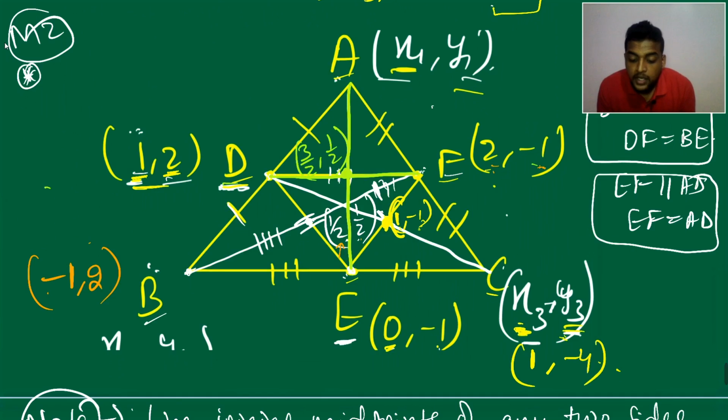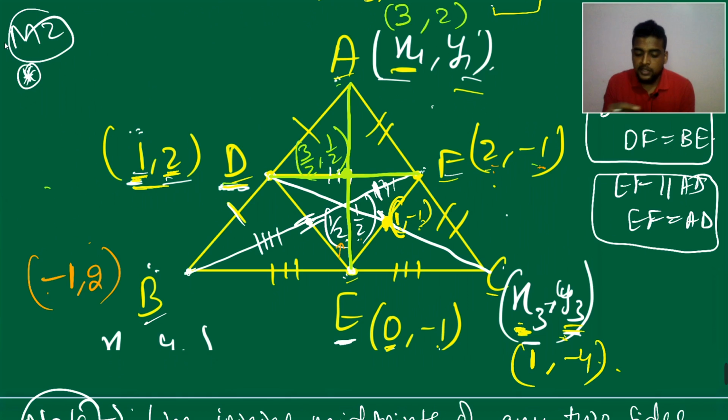So this is the midpoint. This is the midpoint for A, E also. We know E, we can write A. What is A now? Similarly, (x1 plus 0) upon 2 equal to 3 by 2. So x1 is 3, comma (y1 minus 1) upon 2 equal to 2. So y1 is 2.